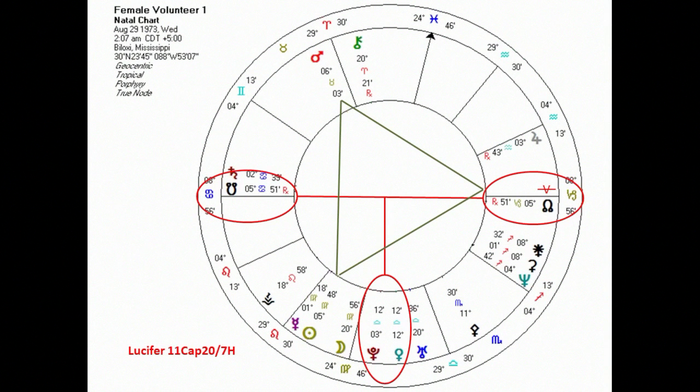So, yes, by natal configuration, which means throughout this lifetime, and by transit in the first few months of this year, this archetype is very active for you. And so, in closing, I would just encourage you to ask the questions inwardly.